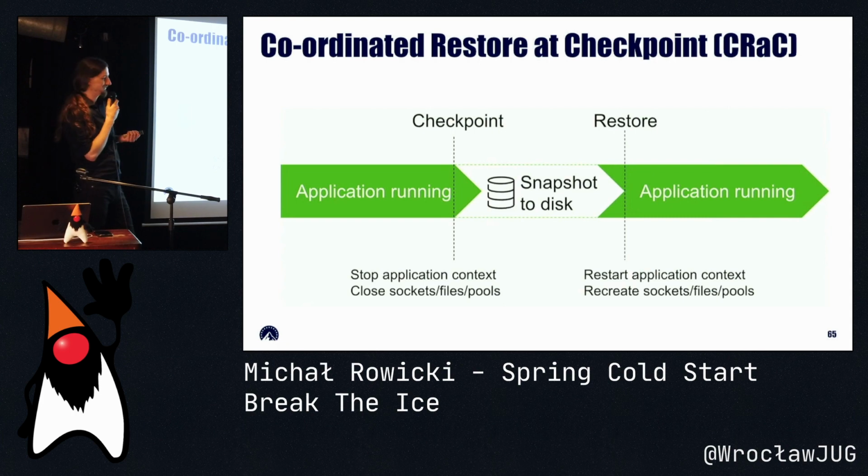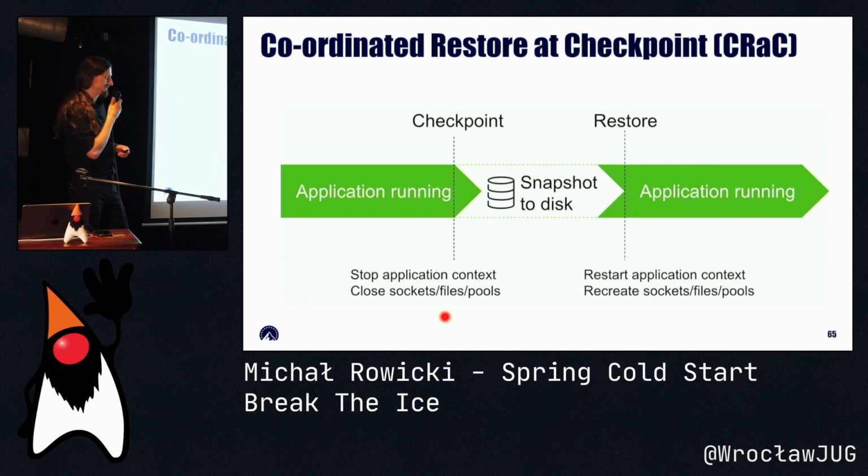to make a checkpoint when we start the application at some moment. And before making this checkpoint, we need to remember to close all our sockets, files, thread pools, and it's not finite. We should think about our credentials.